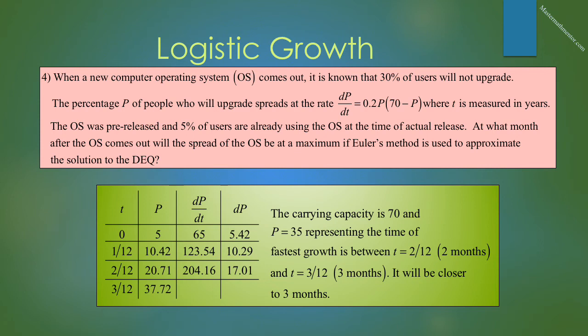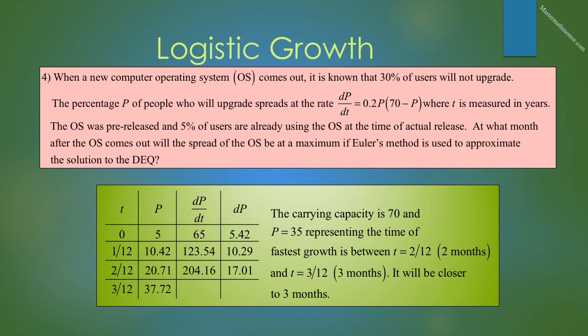The second row, P becomes 10.42. dP/dt will follow the formula, and dP will be whatever dP/dt is times 1/12.